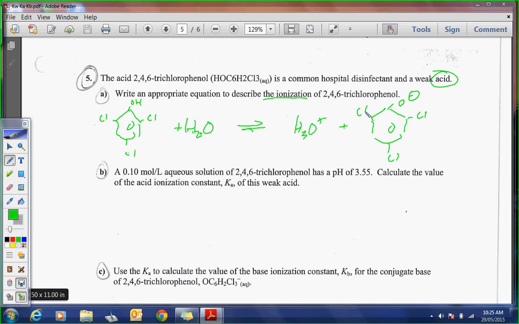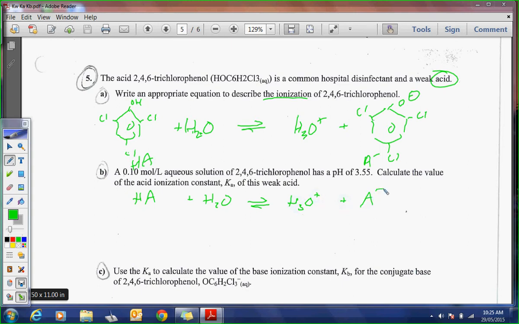So in the interest of not writing that all over again, you might want to just call this HA, which is always best, and then this is A minus, just like we do for our normal acids, right? So I'm going to set up an ice table where I've got HA, water, H3O plus, and A minus.